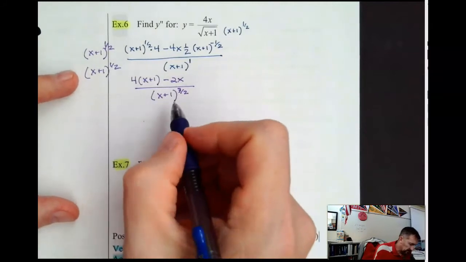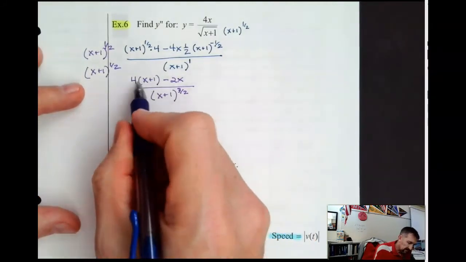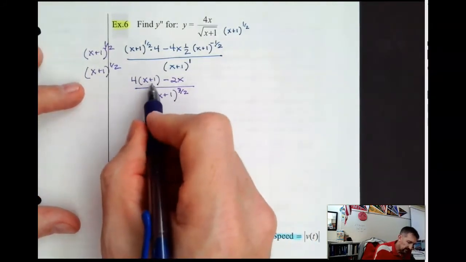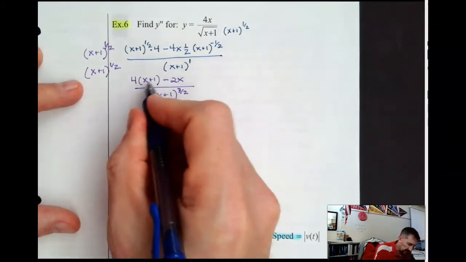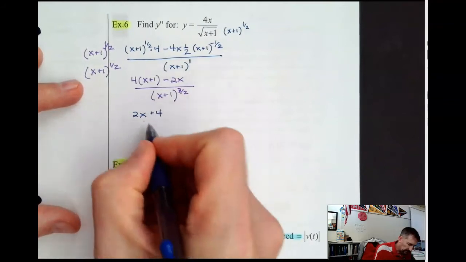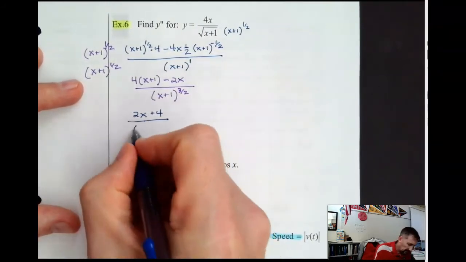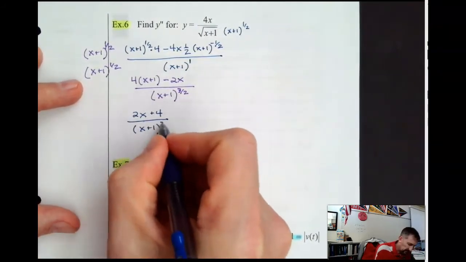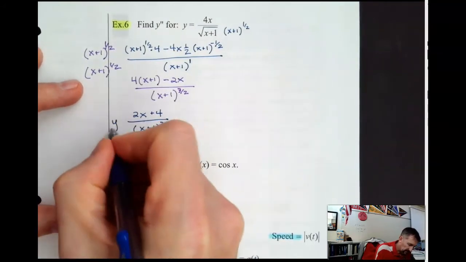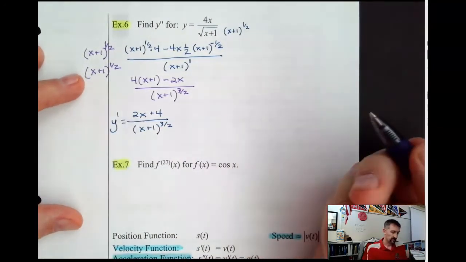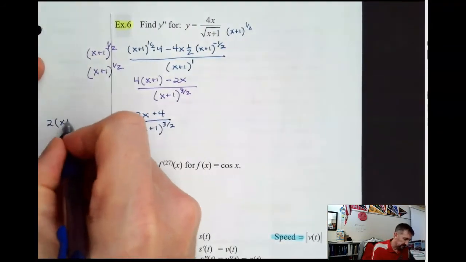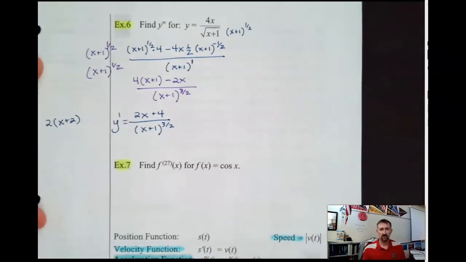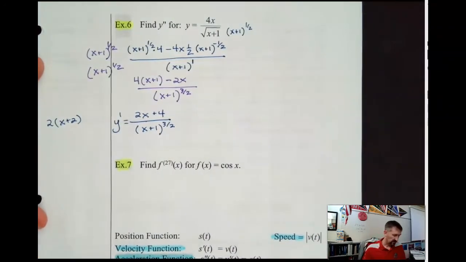We're going to multiply that out, so that's going to be 4x plus 4. So 4x minus 2x is 2x plus 4, and x plus 1 to the 3/2. That's y prime. You could factor 2 out of here, get 2 times x plus 2. That's probably not really super helpful right now.